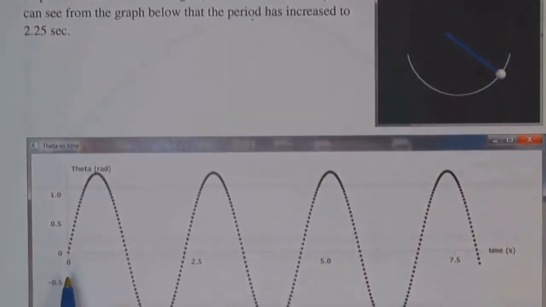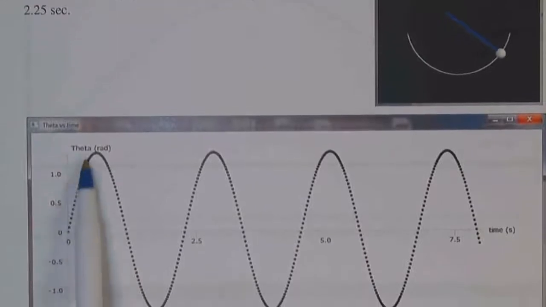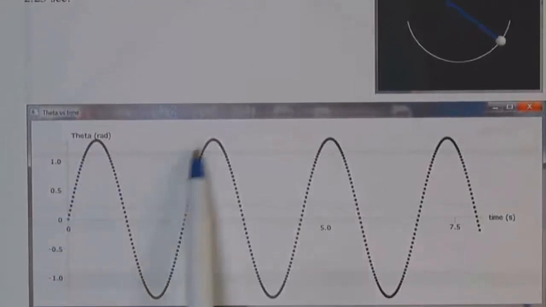A couple things you can note here is that it still looks rather sinusoidal, but in fact it's changed. The period is no longer the period that one would expect for simple harmonic motion. It's increased to 2.25 seconds, whereas before it was 2 seconds. Now it's 2.25 seconds, so it's increased.